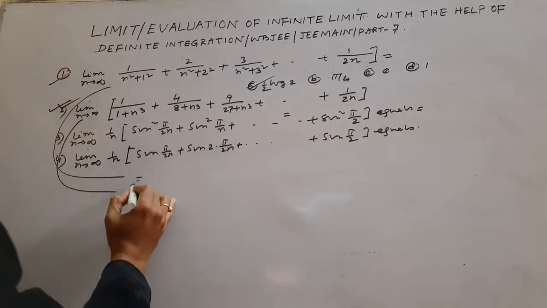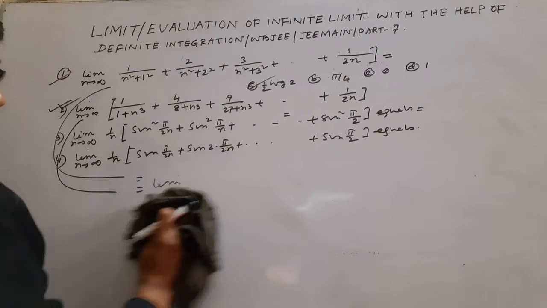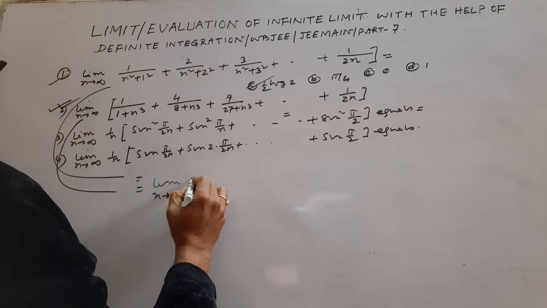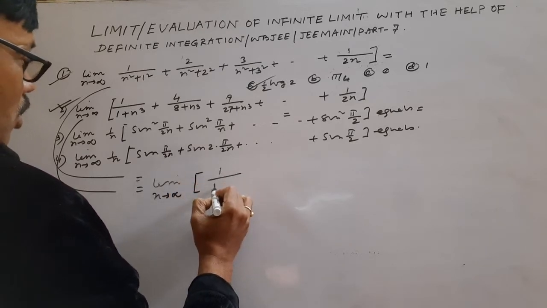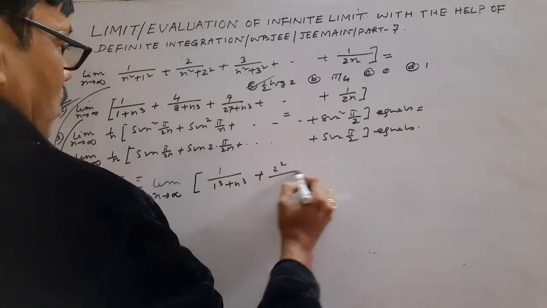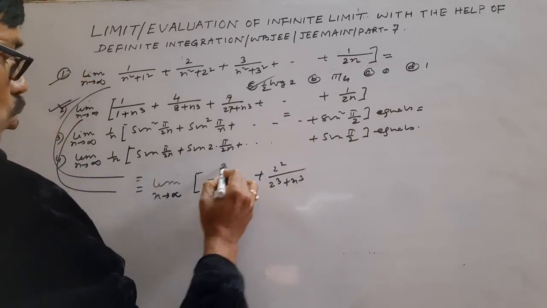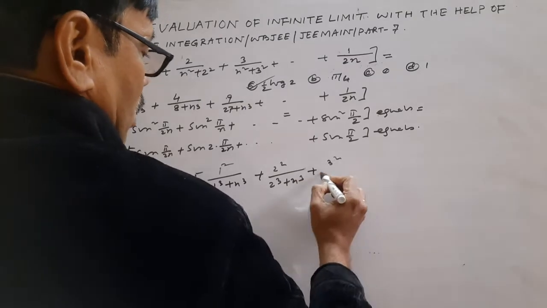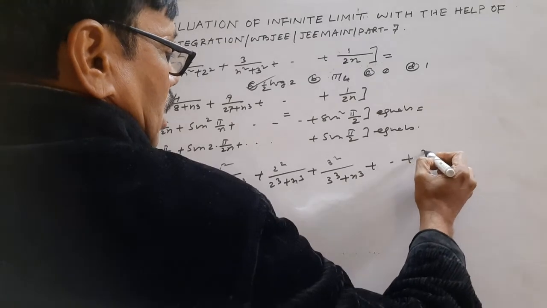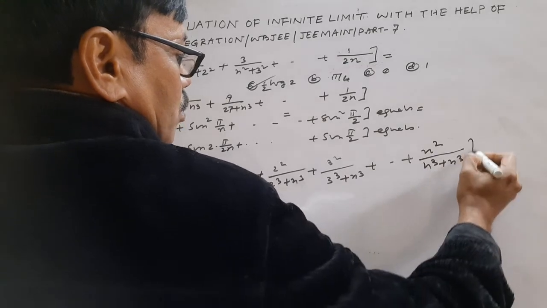Limit n tends to infinity of 1 square by 1 cube plus n cube, 2 square by 2 cube plus n cube, 3 square by 3 cube plus n cube, up to n square by n cube plus n cube.